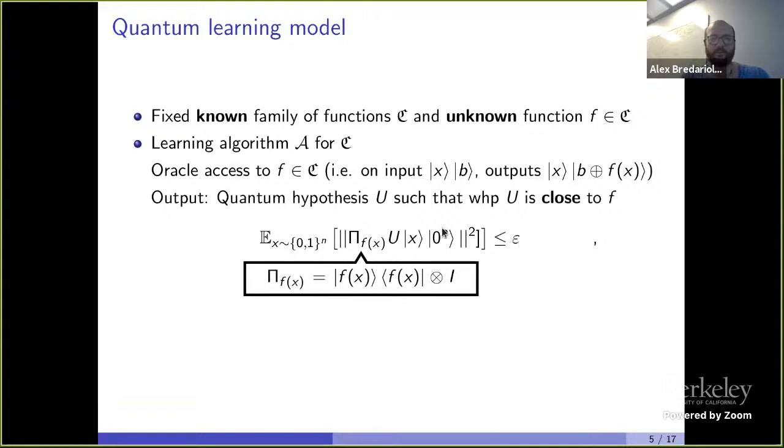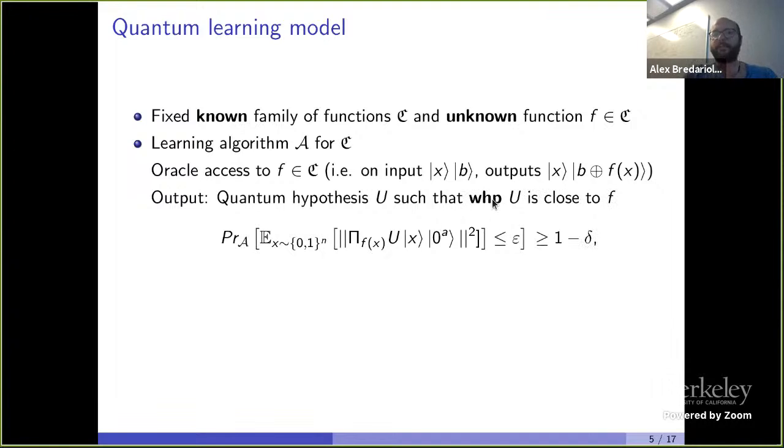So the first qubit should be f of x with high probability. And over the randomness of the learning algorithm, we want it to output a U with this property with probability at least 1 minus delta.